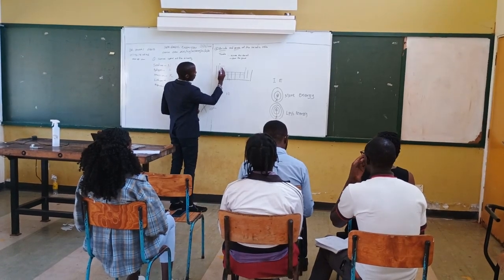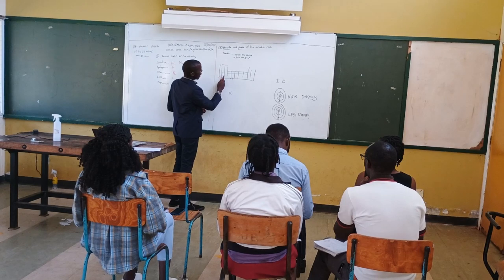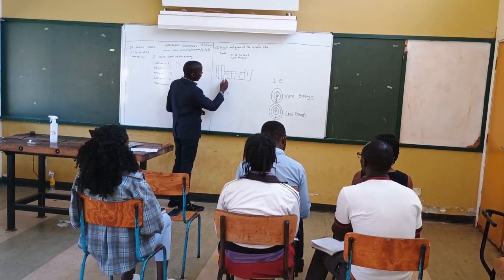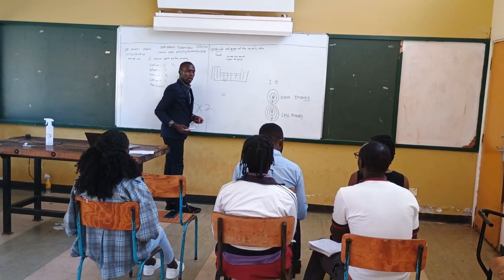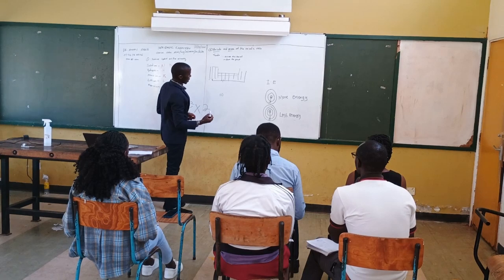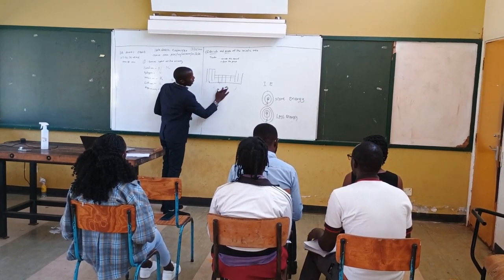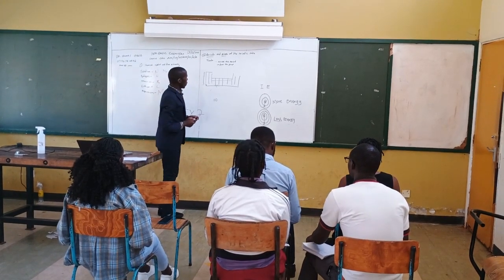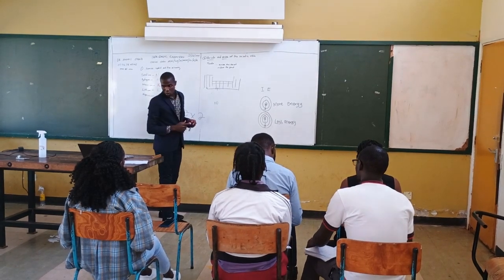The first group, we call it the alkali metals. Then you have the alkaline earth metals, then the transition elements. Then we have the halogens, which are the last ones. And there's another group of elements down here, which are called lanthanides and actinides. So we can also go and read more about it for our own good.